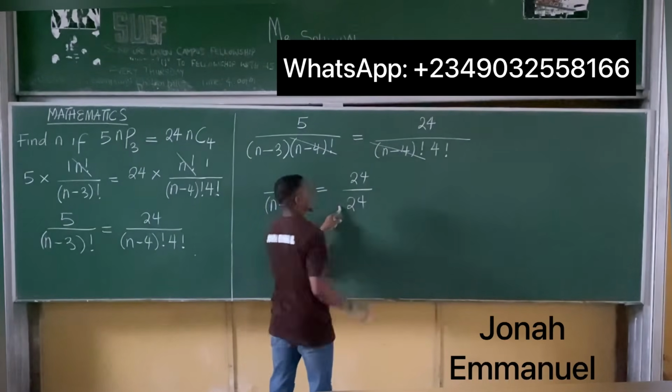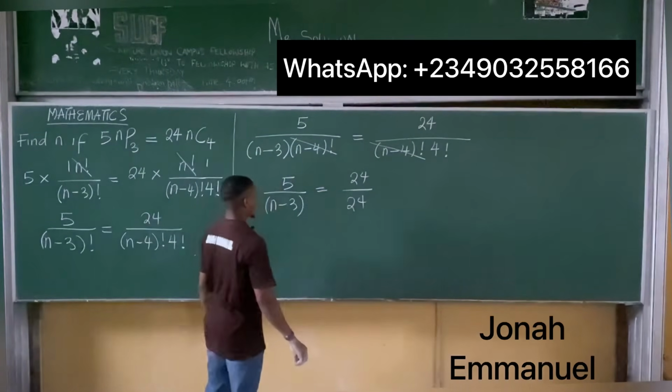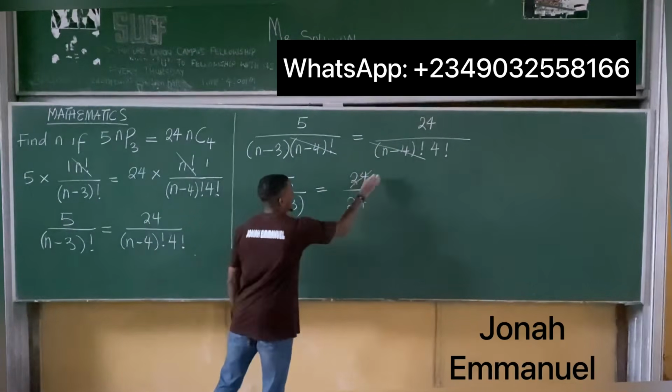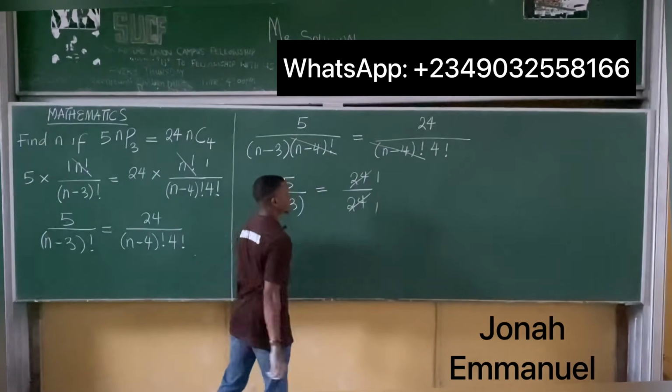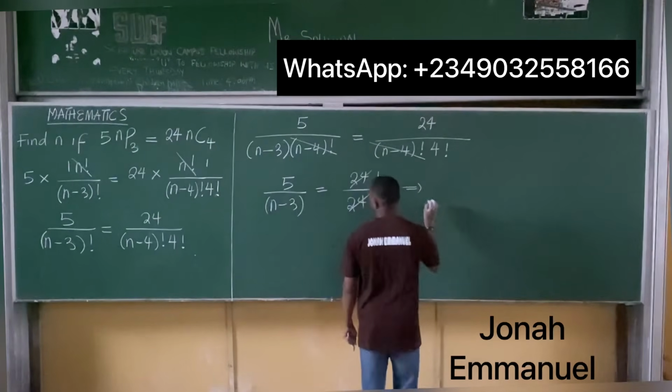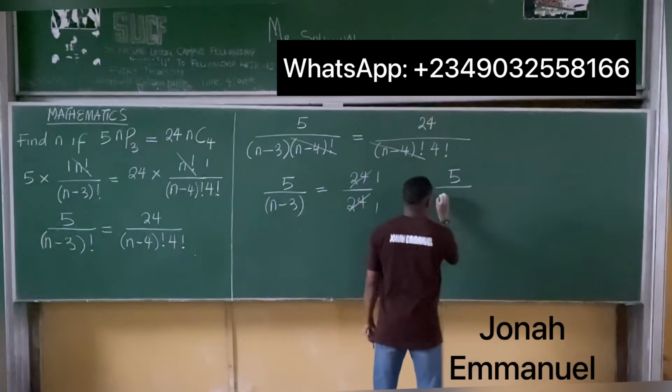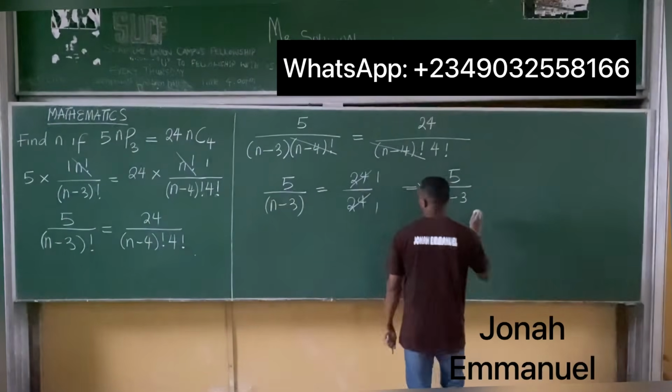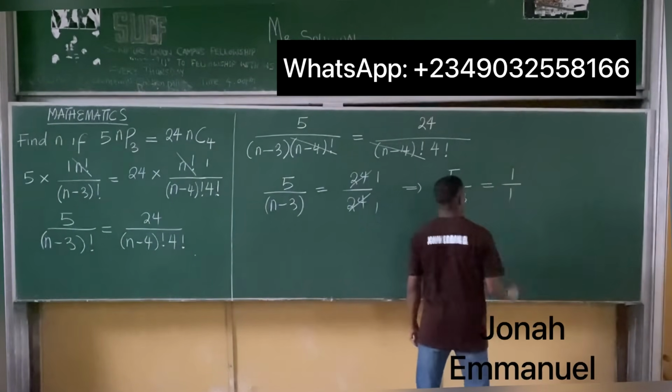So that's still 24, the same thing. So this here 1, this here 1. So hence, I have that 5 all over n minus 3 is equal to 1 all over 1.